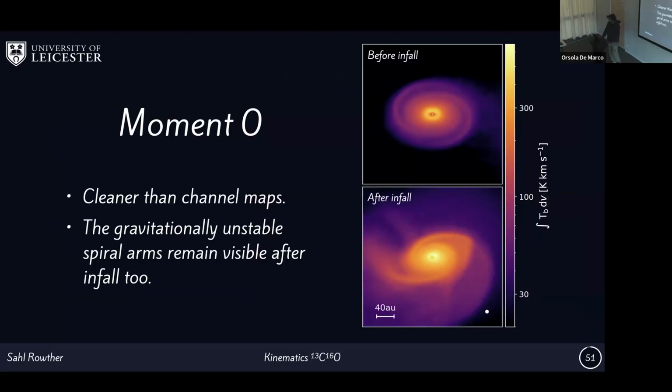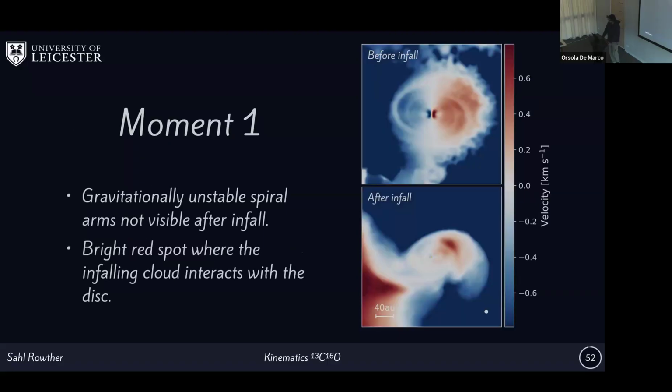We can also look at the moment zero map, which is the integrated emission of the channel maps, and these are much cleaner than channel maps. You can still see the spiral arms due to gravitational instability, but it's much more messy after infall, where you can see all the influence of the surrounding gas impacting it. And then we look at the moment one map, which shows the velocity structure of the disk.